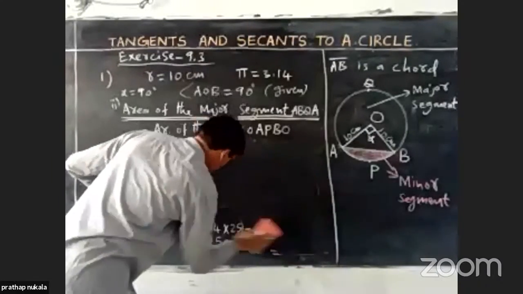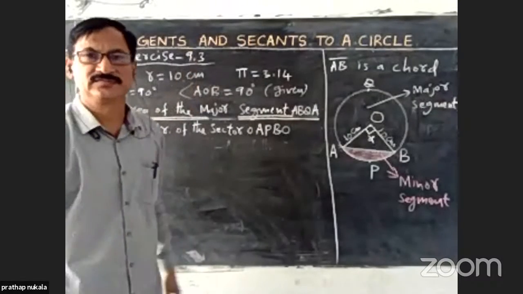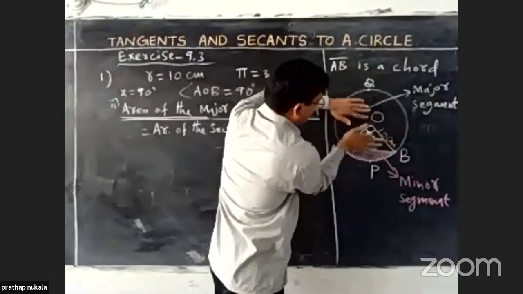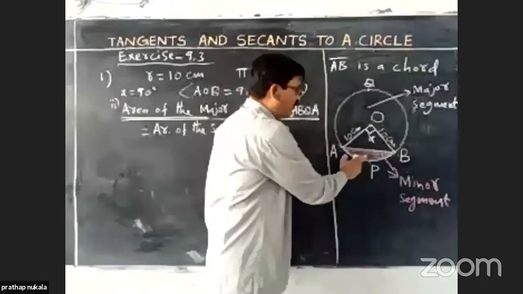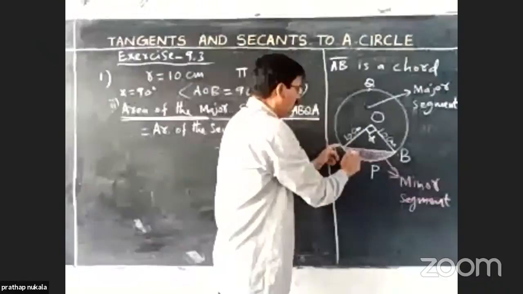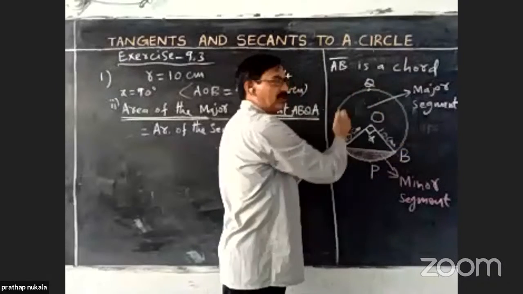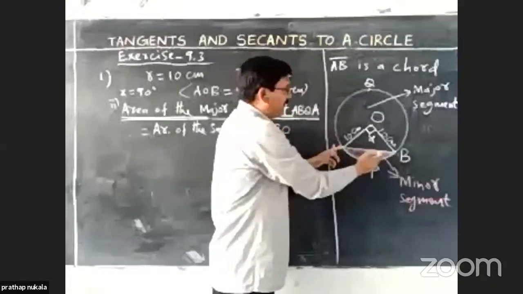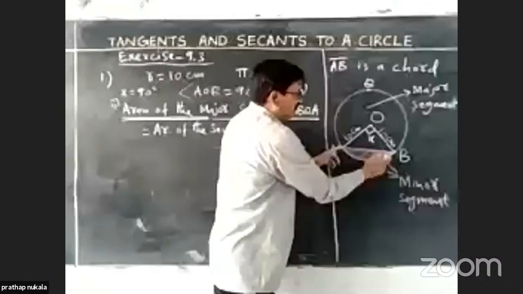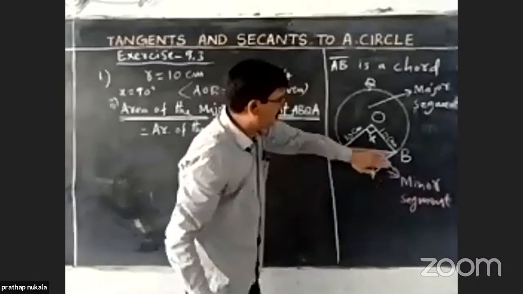How to get the area of the major segment? Already we found the area of the minor segment. Now, if we find the area of the circle, then subtract the area of the minor segment from the area of the circle. Just cut this lower portion.